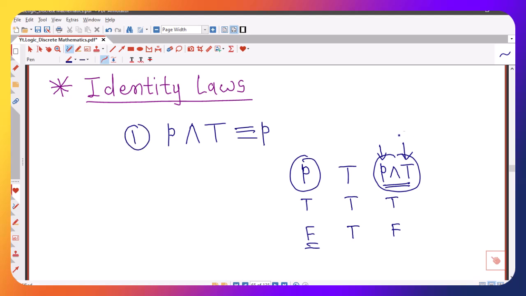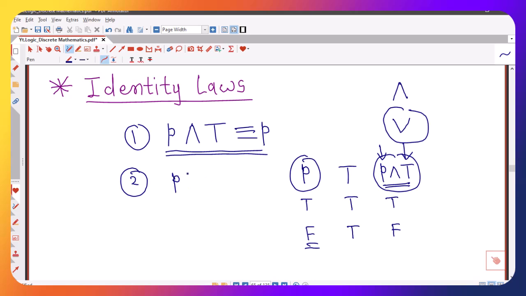Now whatever laws we will write either for AND operator or OR operator, we can write another law corresponding to the other operator. Here this is for AND operator, so we can write down the corresponding identity law for OR operator in this way.